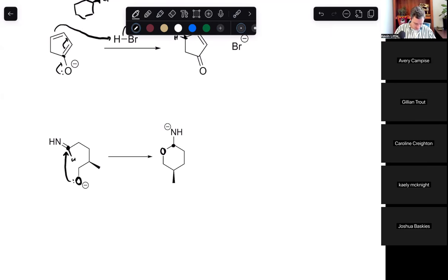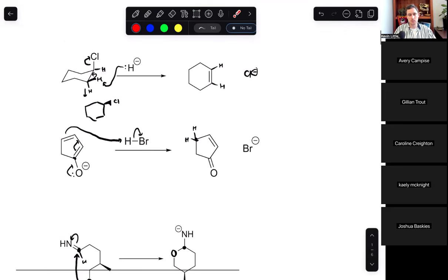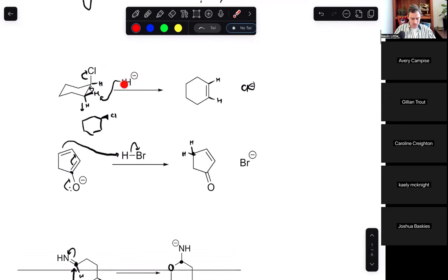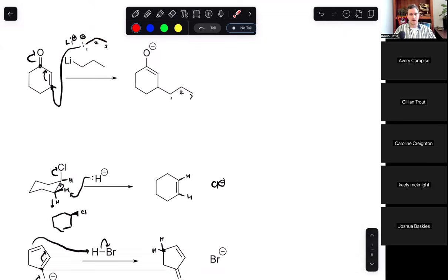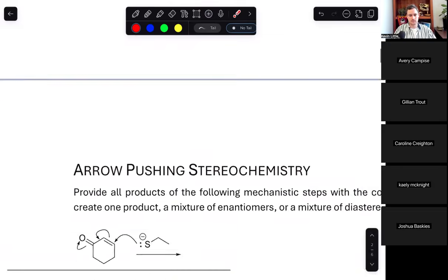That carbon already has four bonds. There's a hydrogen here, so I've got to break a bond. So I'm going to break that double bond and push it up to the nitrogen. Make sure all of your arrows are either starting from a lone pair or a double bond. Just double check yourself on that because you will lose points if you're not drawing things from lone pairs. Right? Even here, even on this carbon, I draw it from a lone pair. All right.